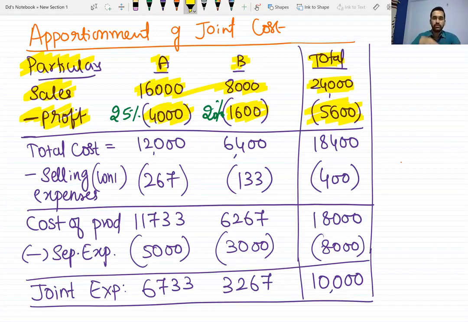Total cost, yes, 12,000, 6,400, 18,400. From this, I'm going to deduct selling and distribution cost first. That will be 400 and then in the ratio, sorry, ratio was 16:8. Amount is 267 and 133.